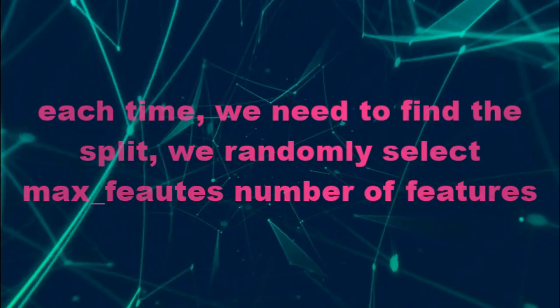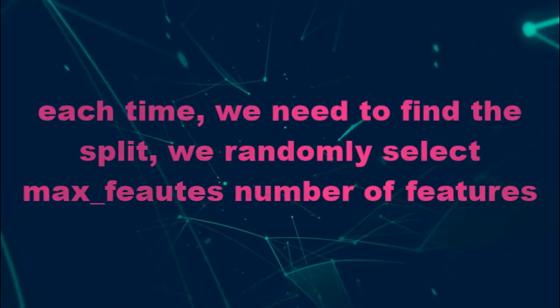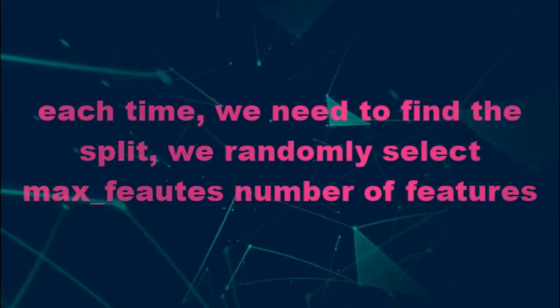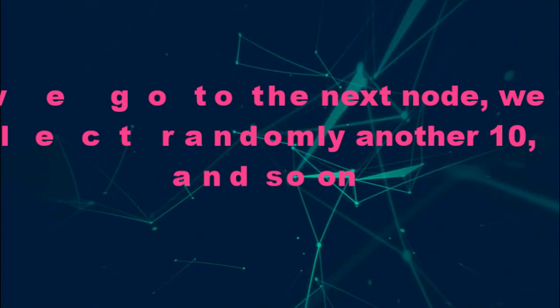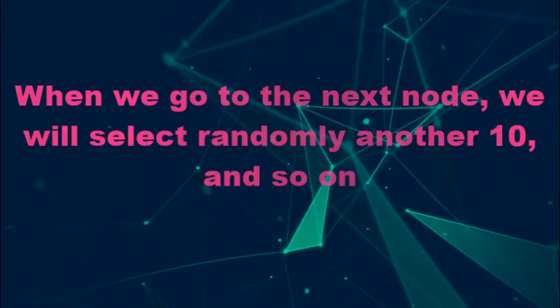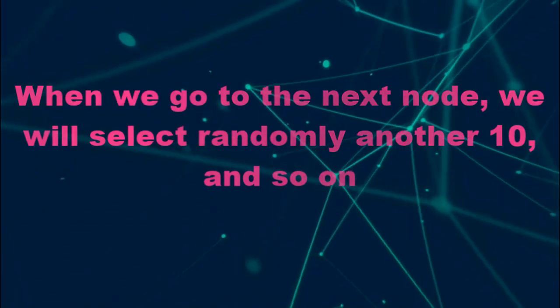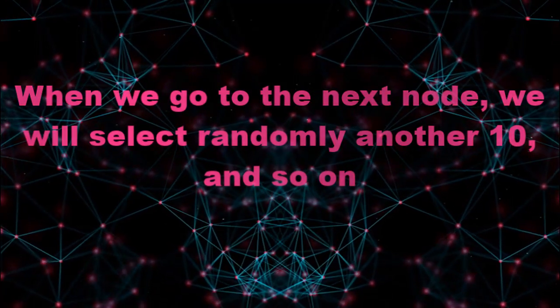Then we use these 10 features to decide which one of the 10 is the best feature to use. When we go to the next node, we will select randomly another 10 and so on. Therefore, even if we set the number to 10, we will end up using all the features, given that each time we limit the set to 10.